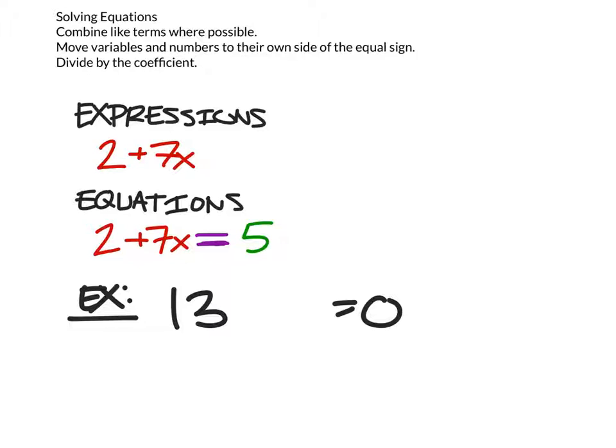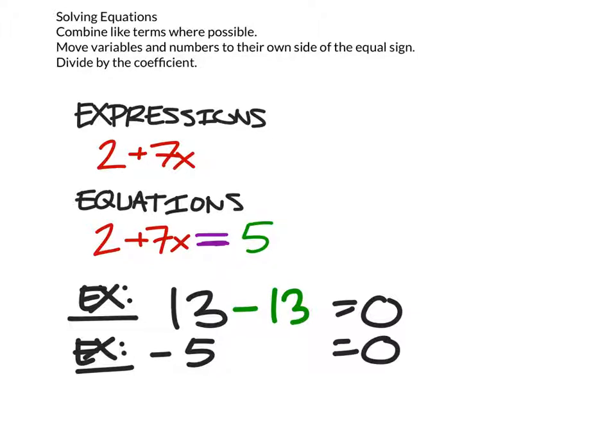Okay, let's just combine them and make it 13. Right there, right? Sorry, yeah, you went a step beyond, and that's okay. 13, right? Let's look at another example. Let's say that we had -5. I don't want another 5. What would I have to do to -5 to get 0? Add 5. There you go.